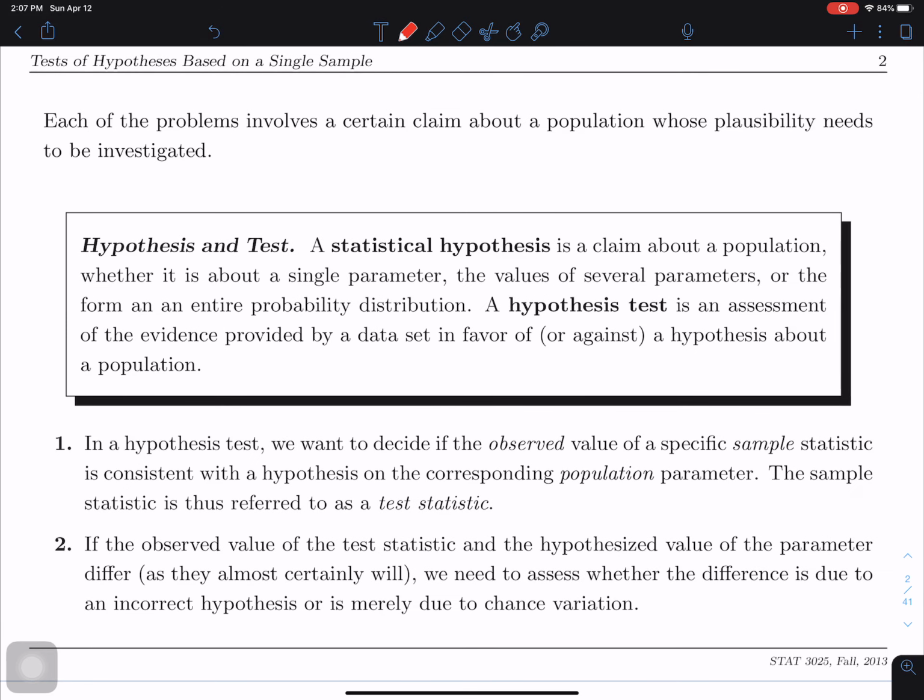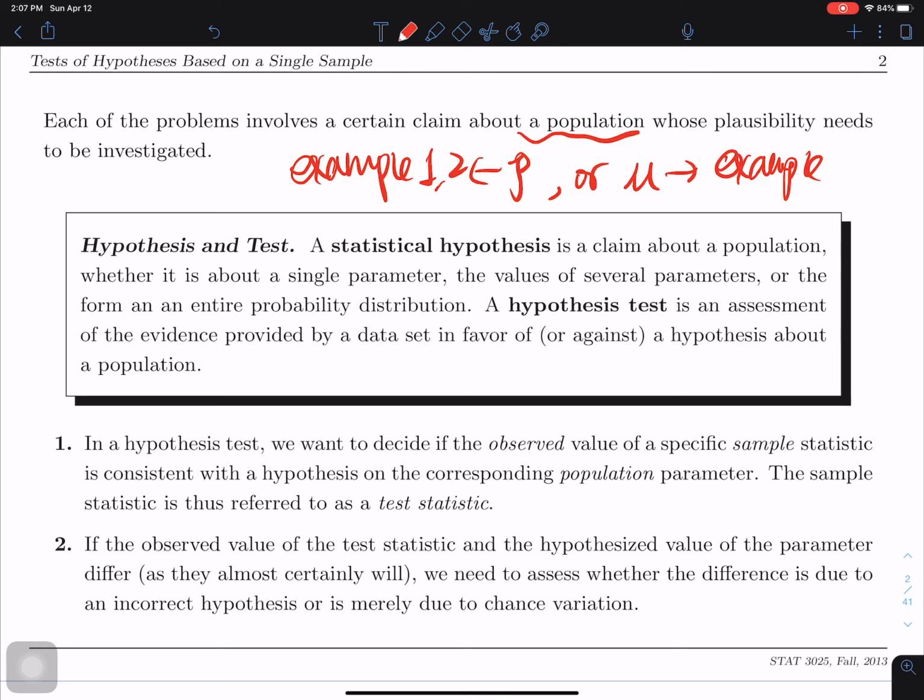And each of the above problems involves a certain claim about a population. So either it is about the population parameter P or the population parameter mu. So in example 1 and 2, it is a claim about P, and in example 3, it is a claim about mu.